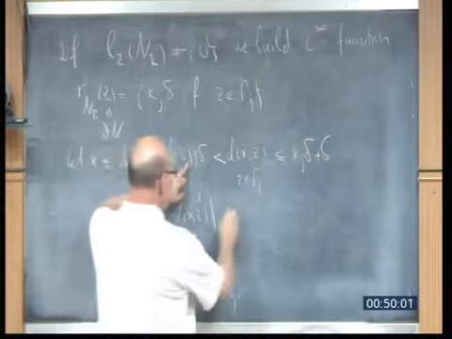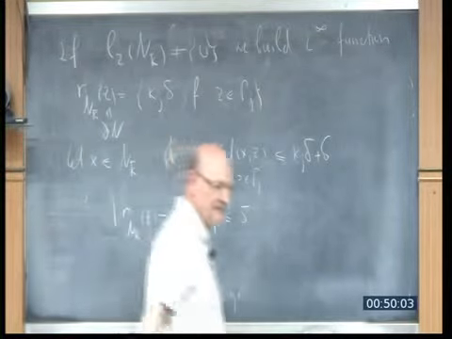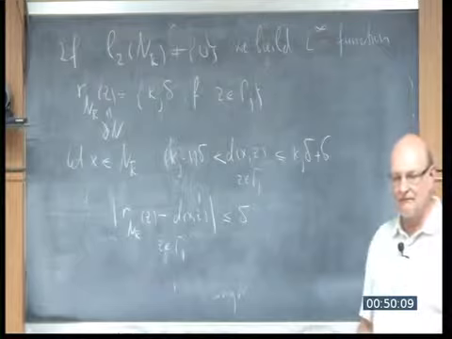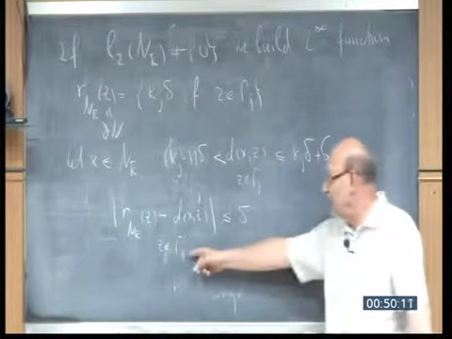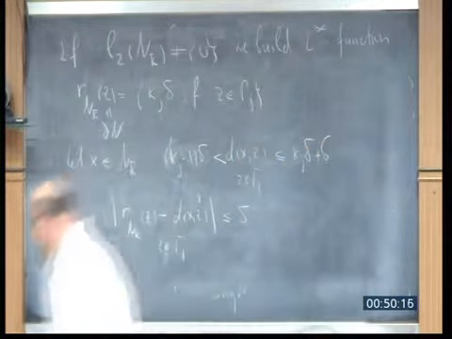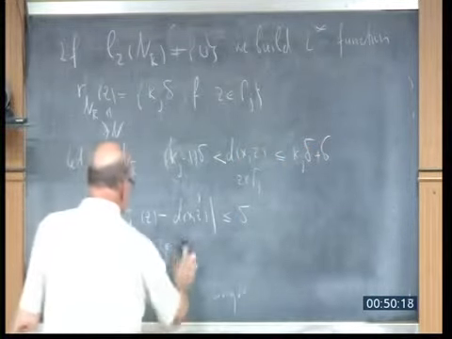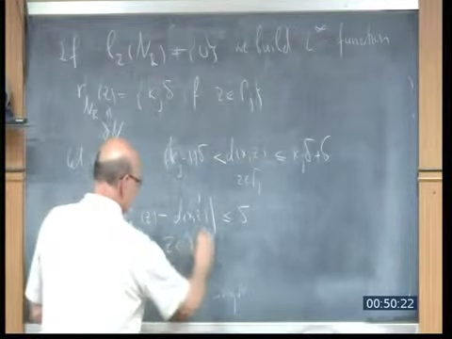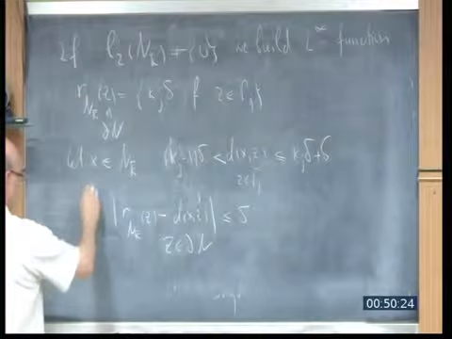So this will be less than delta. Right? But now we can forget this gamma j for any j. So that is what you have.